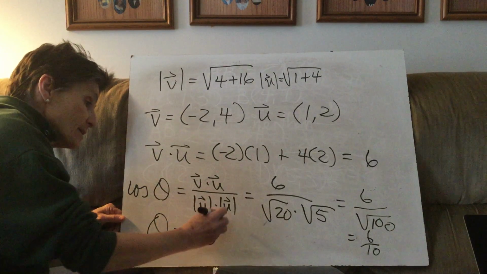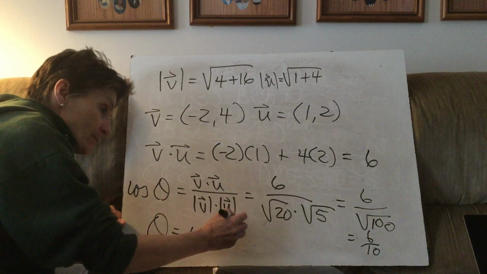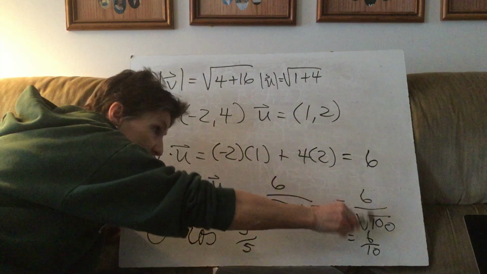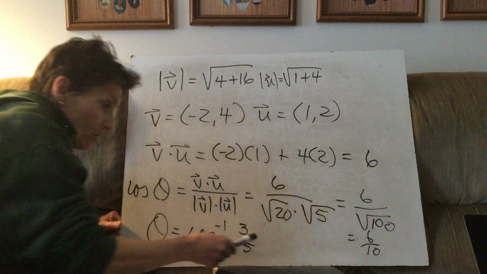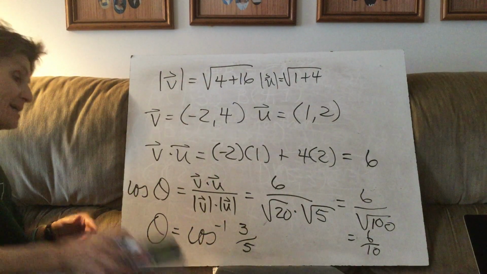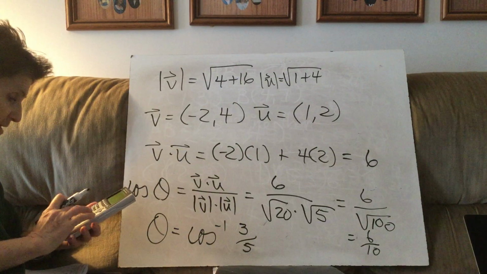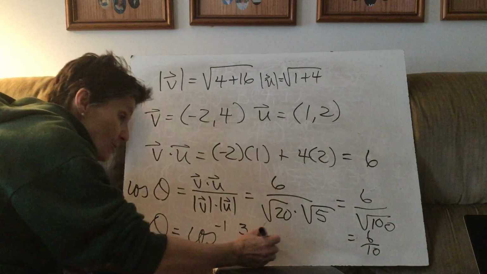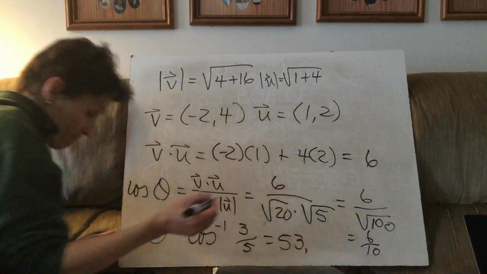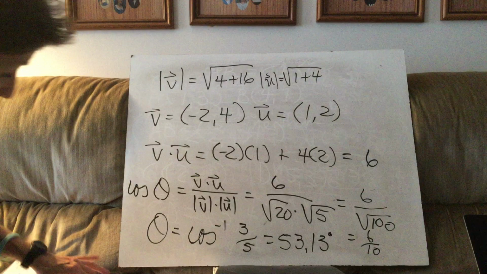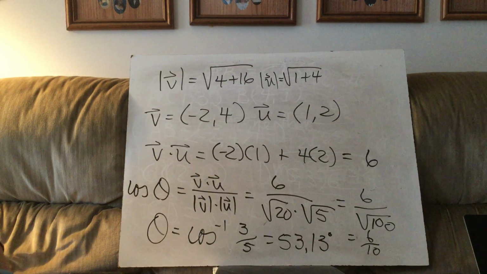I inverse cosine that fraction. So I'm going to inverse cosine this, or this. It's all the same. Makes no difference. Inverse cosine 3/5. And the answer is 53.13 degrees. That is the angle between those two vectors.